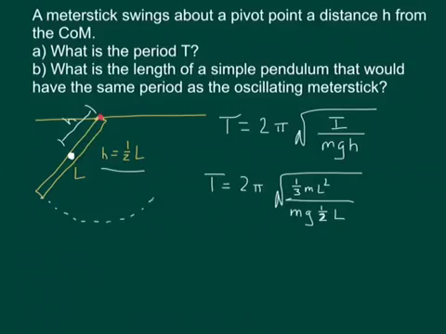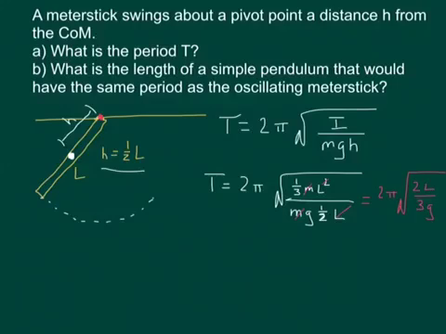Again, we see that mass should not matter for a pendulum. Working with these fractions a little bit, we can move the 2 to the top, the 3 to the bottom. We can cancel out one L from the top and the L from the bottom. So the period of this is going to be 2 pi times the square root of 2L over 3g.